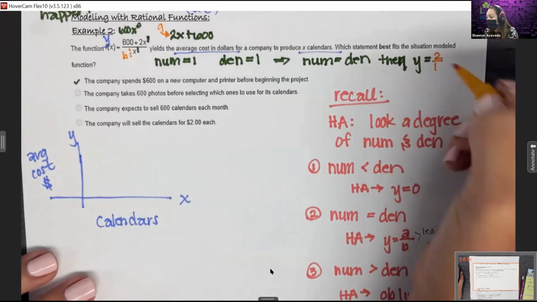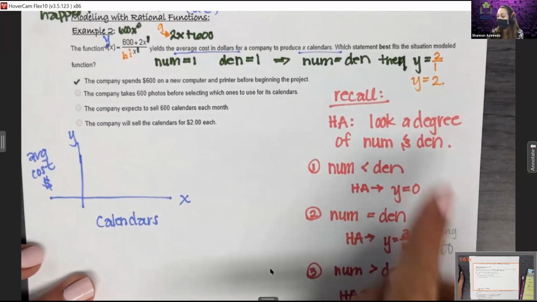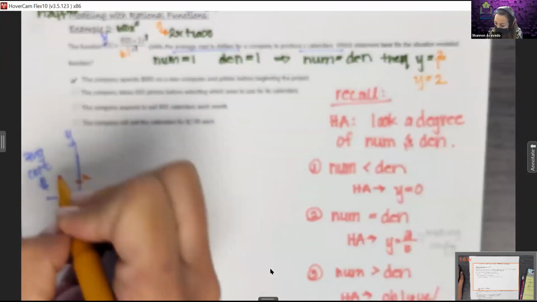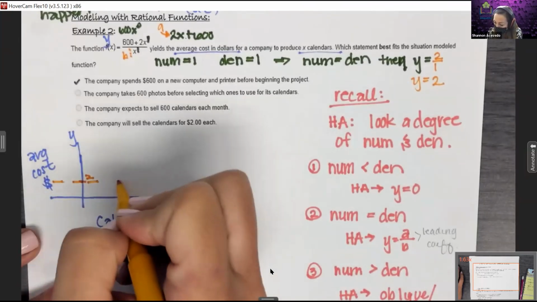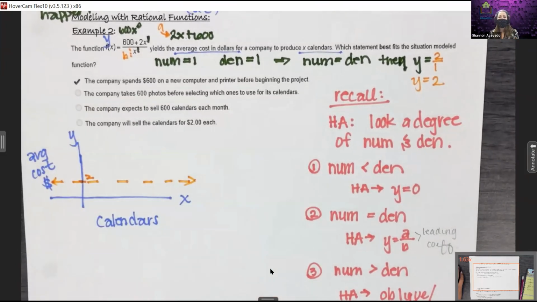So my line there is y equals 2. My asymptote is y equals 2. So here at the value of y equals 2, I would have an asymptote. That means that I have a line that cannot be crossed.